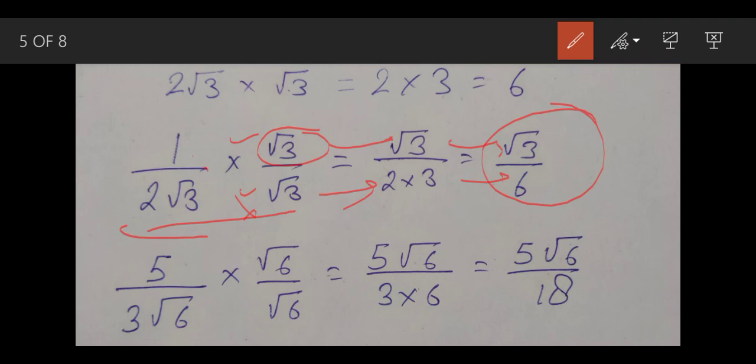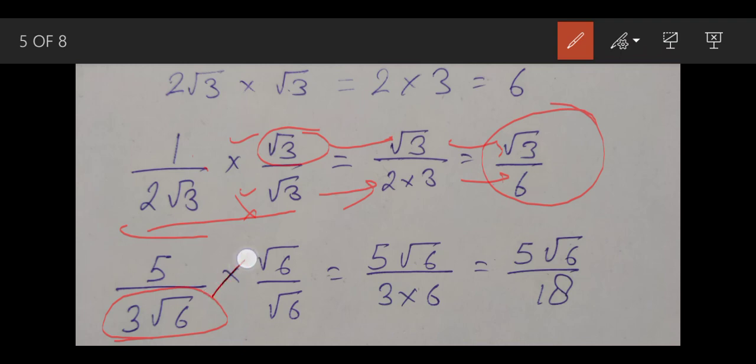Taking one more example, 5 upon 3 root 6. Here, to rationalize the denominator, we will multiply the numerator as well as the denominator by its rationalizing factor. So the rationalizing factor of this 3 root 6 is root 6.